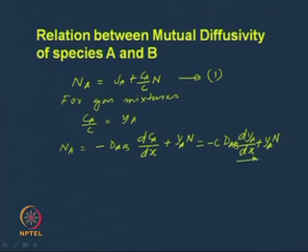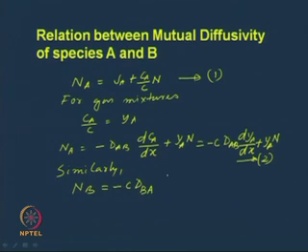This is equation 2. Similarly, we can write N B is equal to minus C D B A d Y B by d x plus Y B into N. N is the total flux.